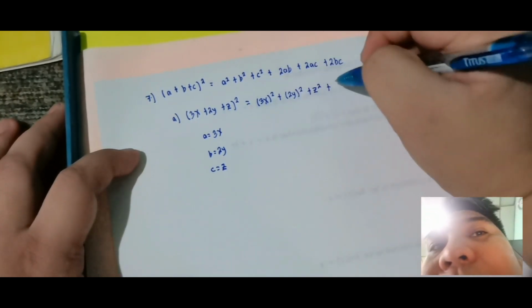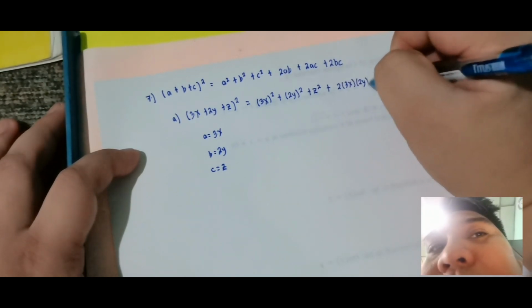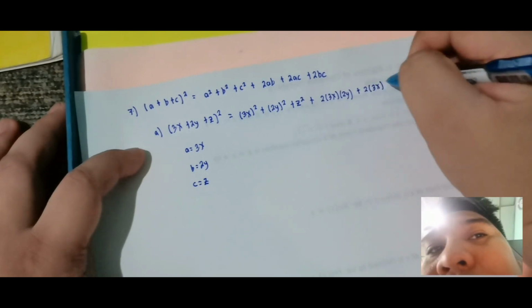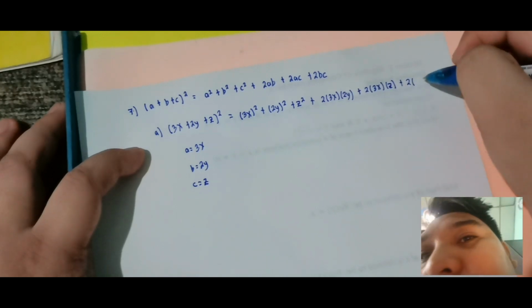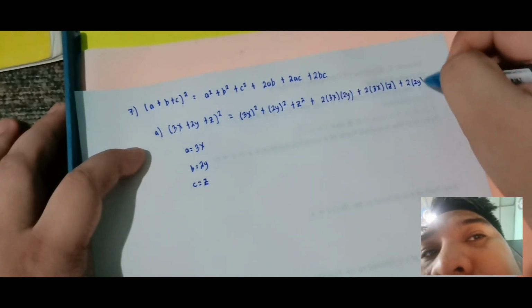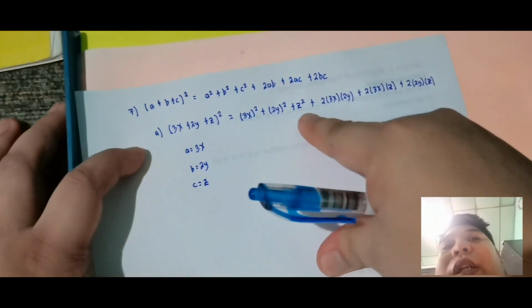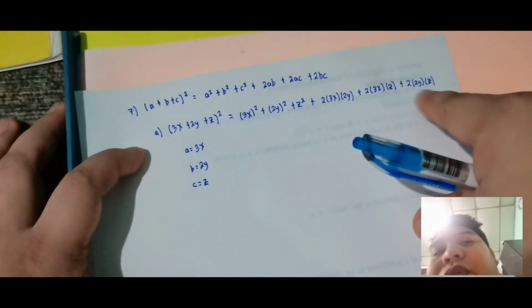Then plus 2 times AB. So that is 2 times 3x times 2y, plus 2 times 3x times z, plus 2 times 2y times z. So A squared, B squared, C squared, 2AB, 2AC, then 2BC.